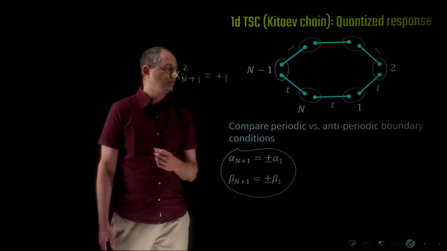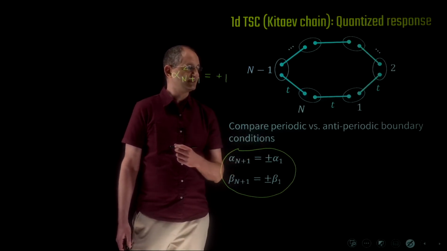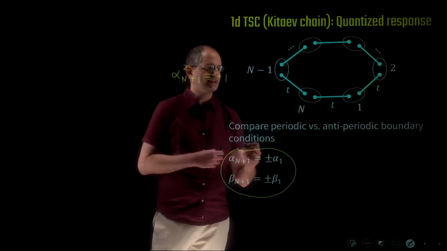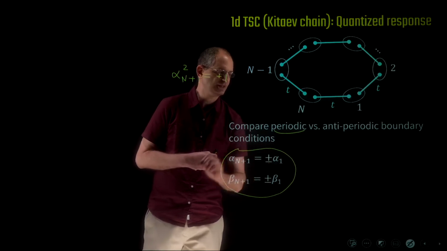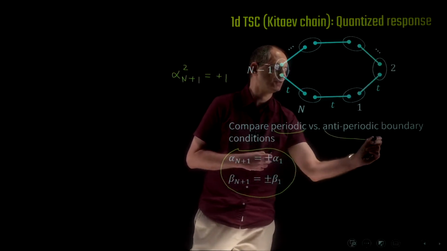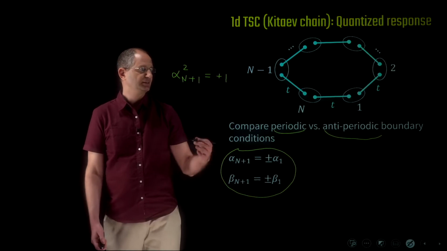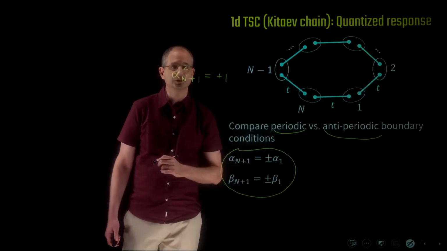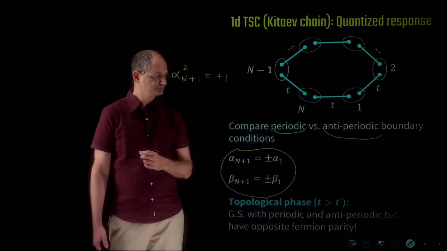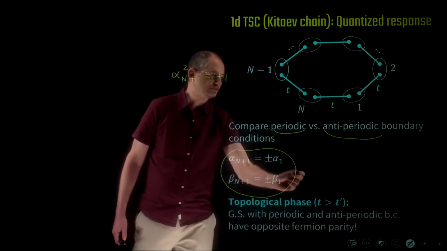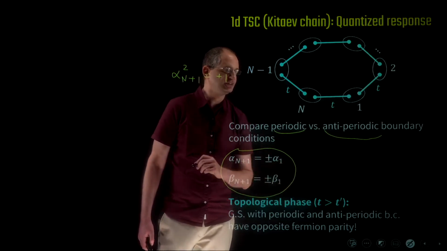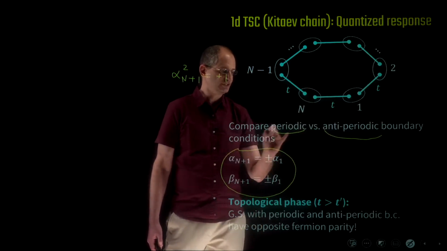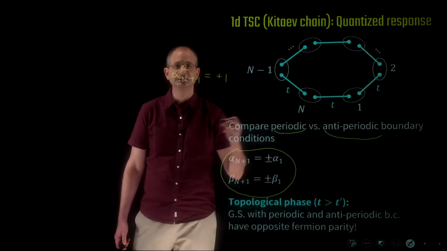Okay, so now we can ask what happens to the ground state of the system if we compare two chains. One has periodic boundary condition, meaning a plus here, and the other one has anti-periodic boundary conditions. Okay, and the claim would be that the topological phase would actually respond to this change in boundary conditions in a very special way. Okay, so the topological phase, which is the phase where t is larger than t prime. Okay, so in this particular picture, t prime is actually equal to 0, so there's only t.